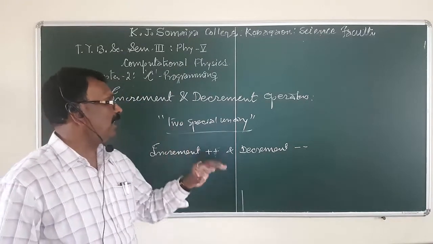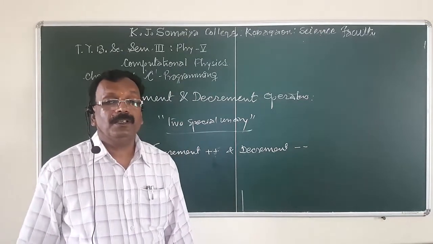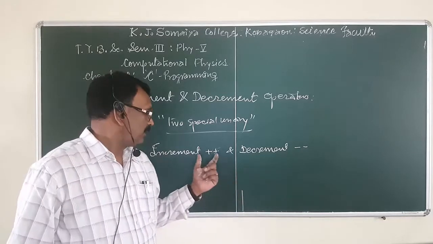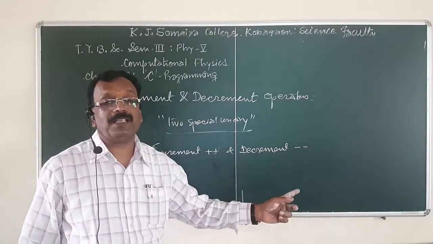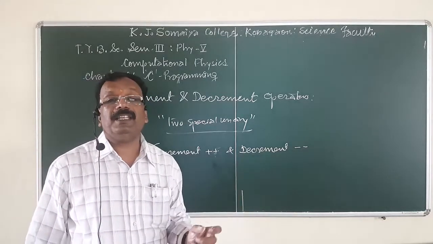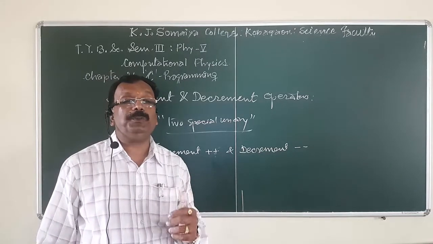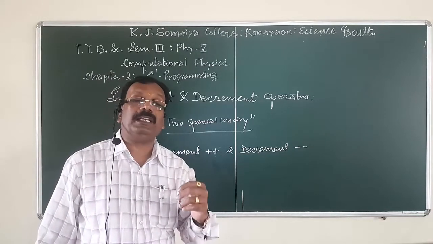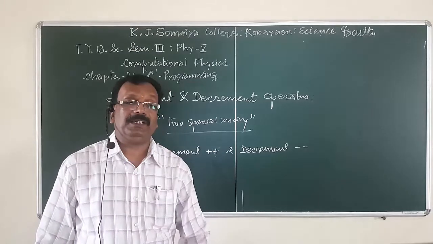These are two special unary operators, which cause plus plus and minus minus to increment or decrement the variable they act on by 1 respectively.